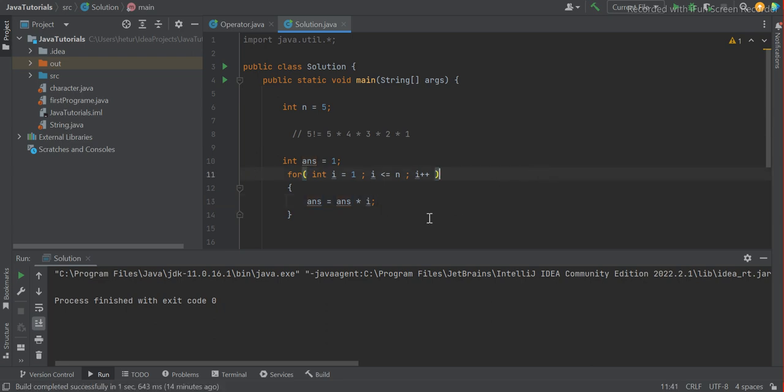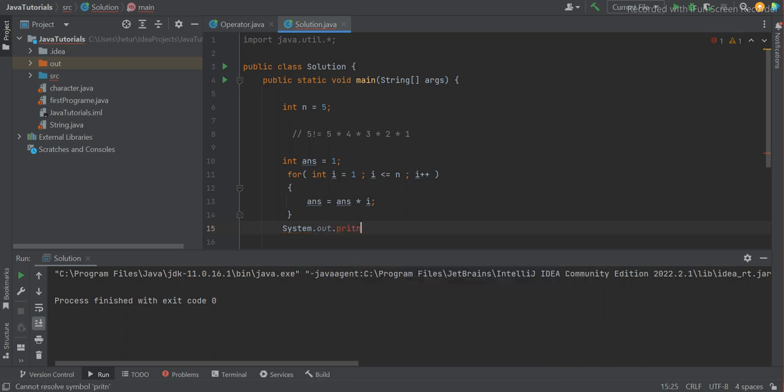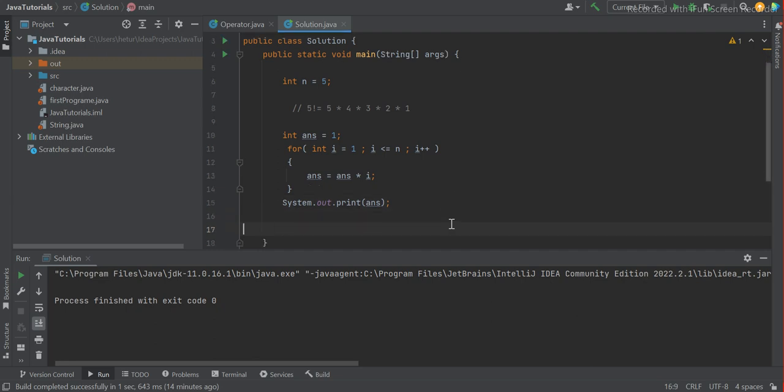Then I come outside and just print it, System.out.print, answer. What should I get, guys? I should get the factorial of 5. I think it should be 125, or 124, I guess. Yeah, let me try to run it and see what we get.